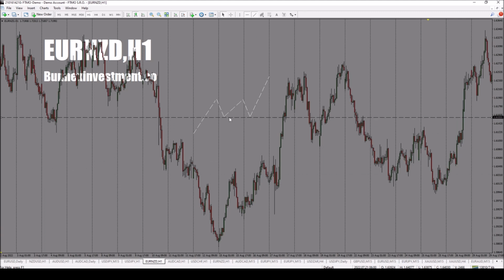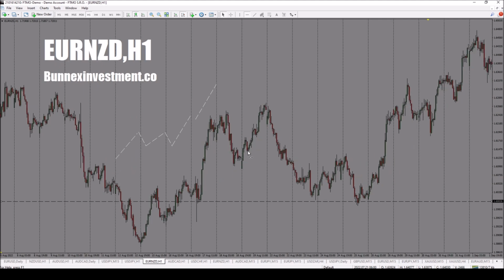So in this case, we had low of day at this day and then a retest of yesterday's low at this point. And we get level 2 and level 3. Basically, that is what we will be looking for, and that is what the whole strategy is based on.